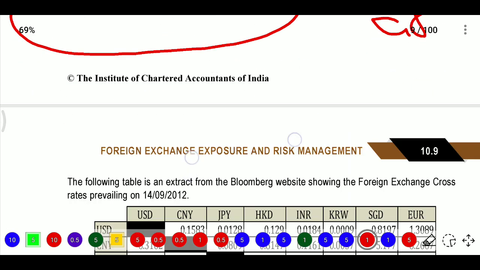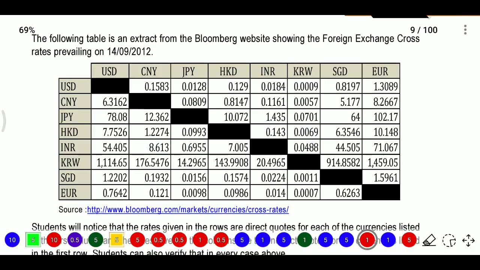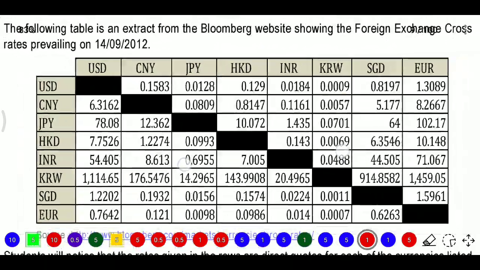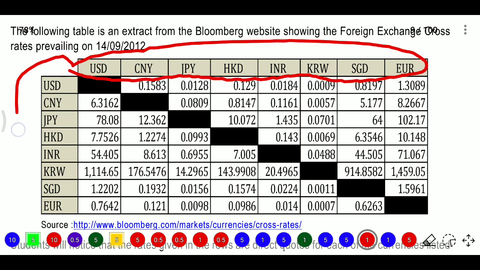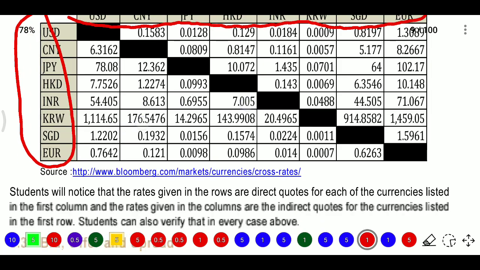They provided some examples extracted from the Bloomberg website. They have taken this foreign exchange table, with USD, CNY, JPY, HKD. These are all currencies, and the prices are provided.